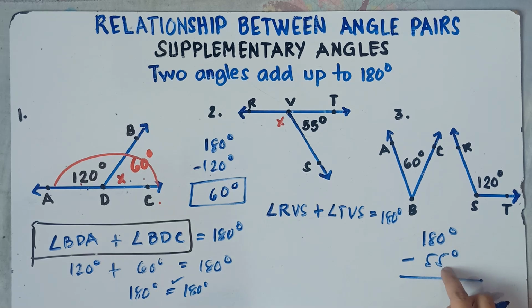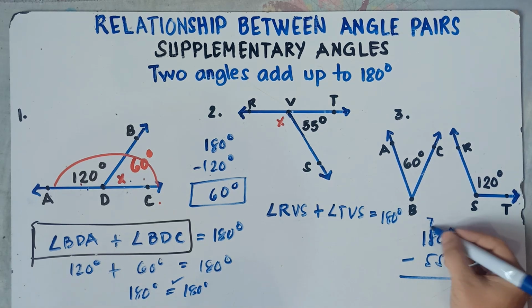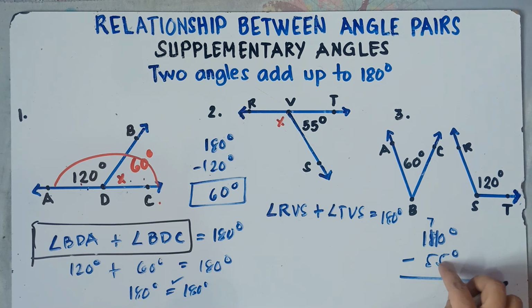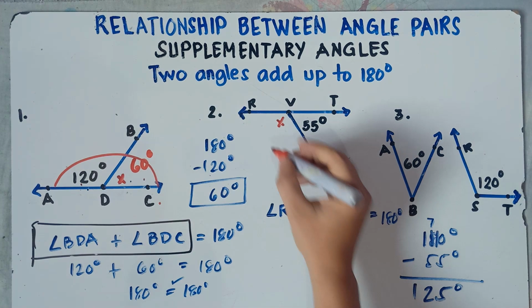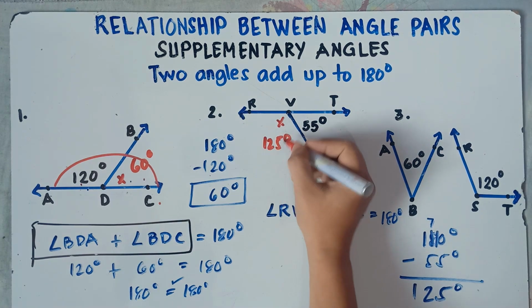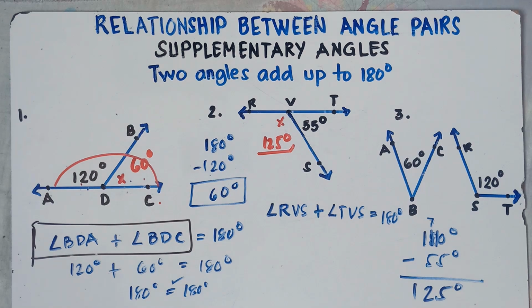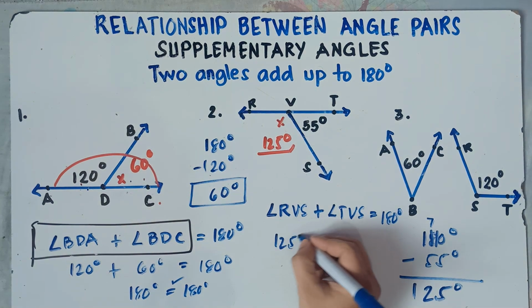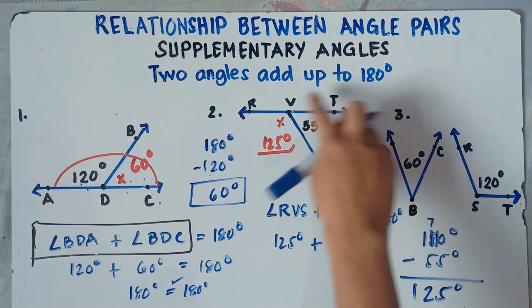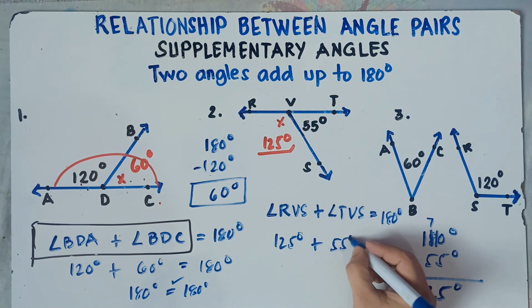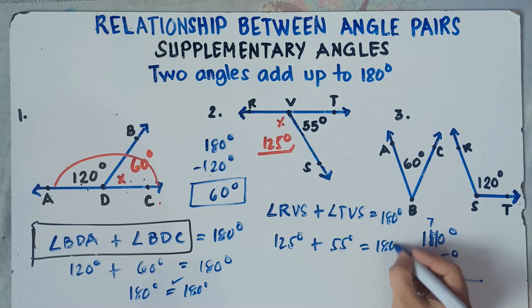So 0 minus 5 cannot be. Borrow 1. This becomes 7. This becomes 10. 10 minus 5 is 5. 7 minus 5 is 2. Copy 1. 125 degrees. So therefore, the value of x, that would be 125 degrees. So RVS, that's 125 degrees, plus TVS, that's 55 degrees, equals 180 degrees.